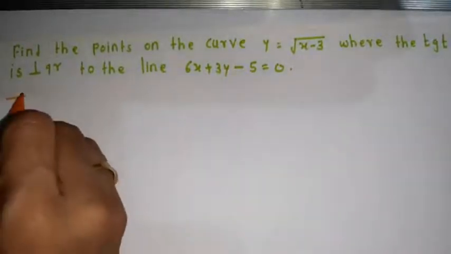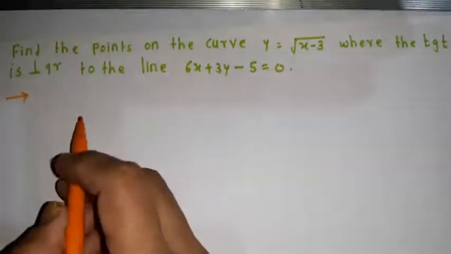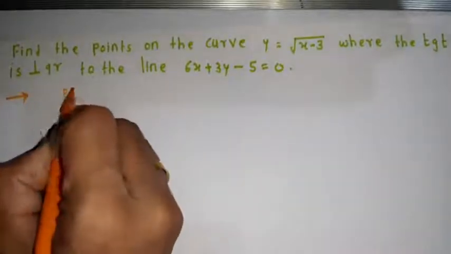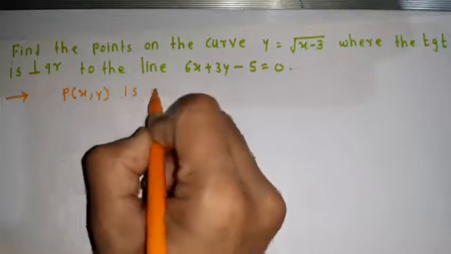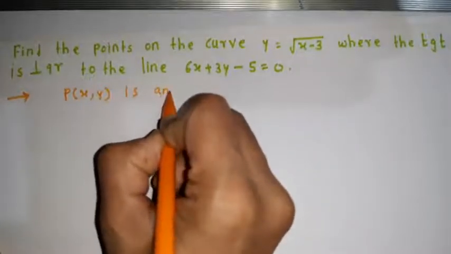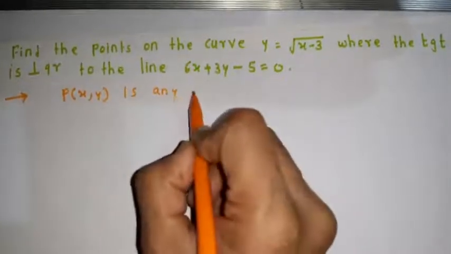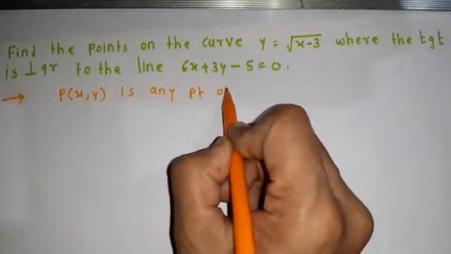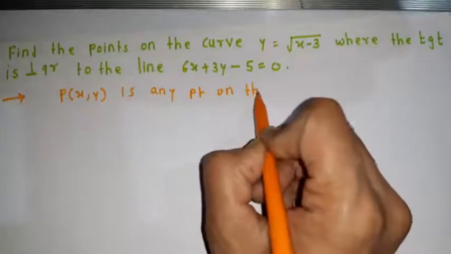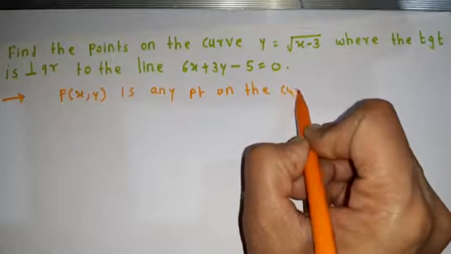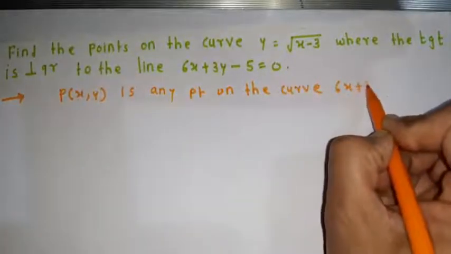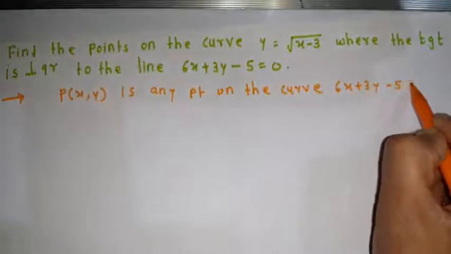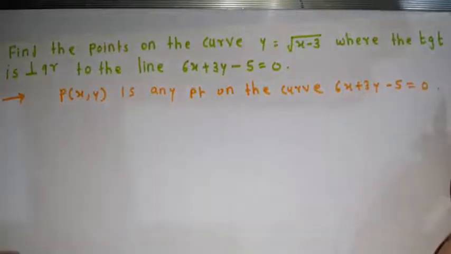Now we have to find the point P(x, y). Suppose P(x, y) is any point on the given curve.